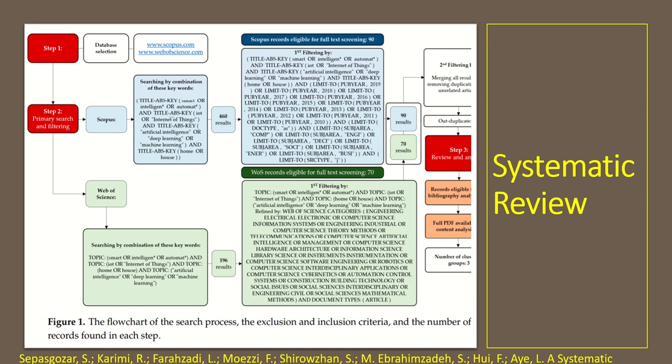So this is something step by step. You apply different filtering criteria or eligibility criteria and you decrease the number of papers. Then at the end you come up with, for example, 30 papers, and you review the content of those 30 papers only, not 460. So that's the process of systematic review.